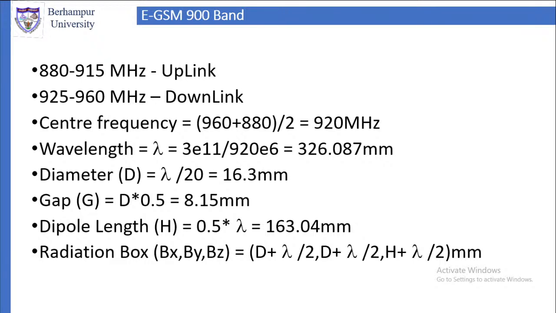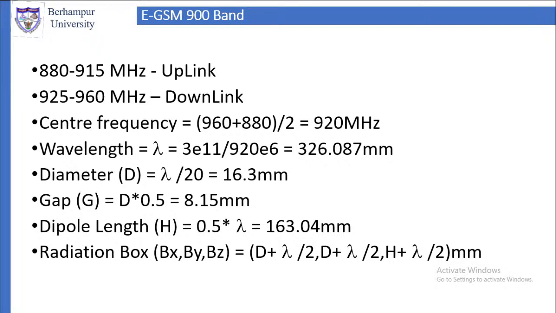So lambda by 20 is equal to 16.3 millimeter. That is the diameter. Then when we design a dipole antenna, we have two arms. Between the two arms there is a gap G. This gap G is equal to D times 0.5. Let us take a small gap, D into 0.5 or D by 2, which will be equal to 8.15 millimeter.